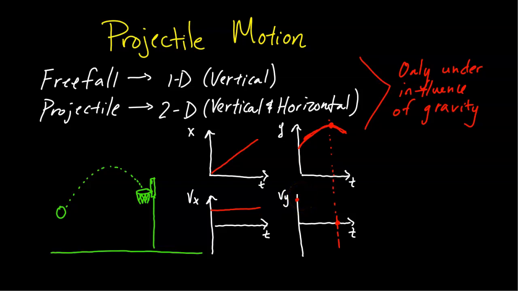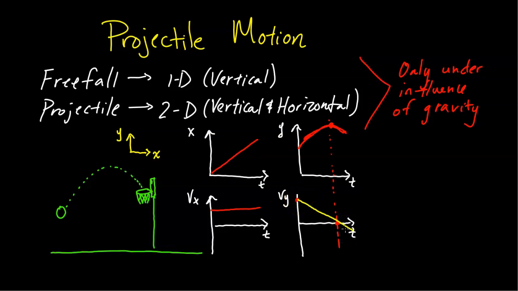I am making up to be positive y, and to the right positive x. So up is positive and right is positive. Initially it has a positive velocity because the ball is going upward, and then after it gets to the highest point, it's going to start coming downward. So that's going to look like this.